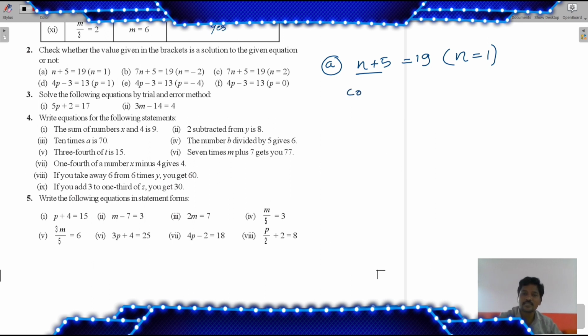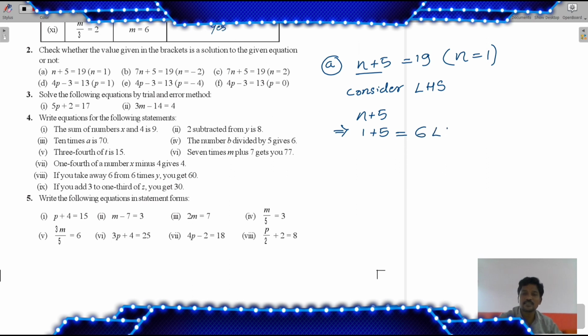Consider LHS, that is n plus 5. We need to substitute n as 1. So I will substitute here 1 plus 5. 1 plus 5 is 6.